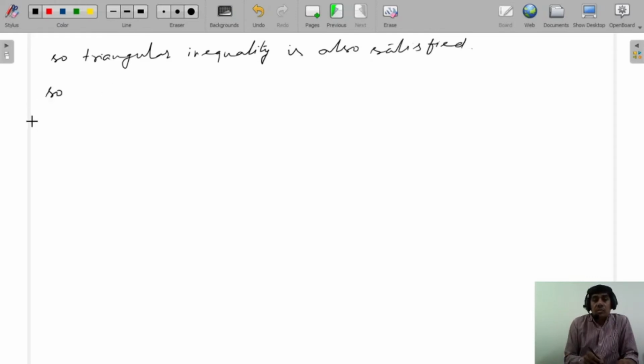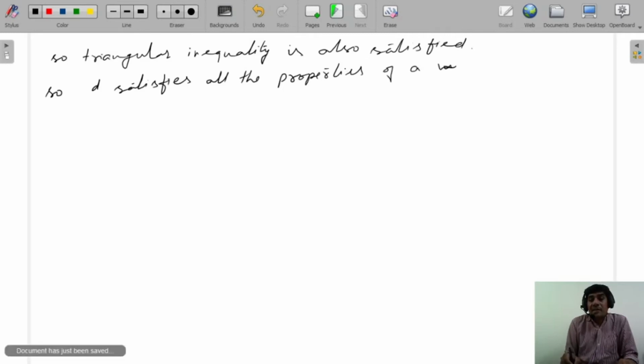So D satisfies all the properties of a metric.